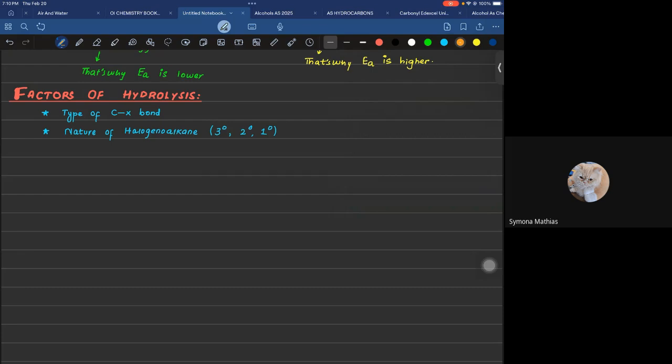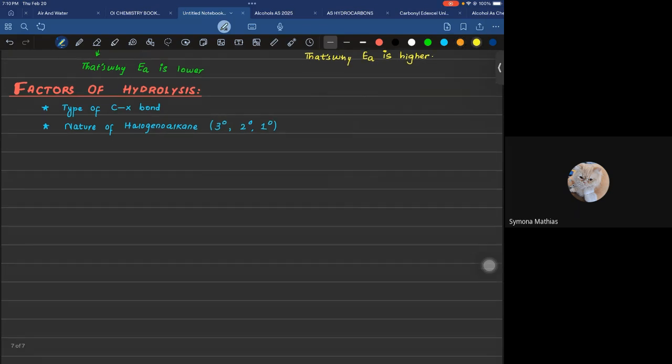Okay, so basically, the stronger the carbon and halogen bond, the lower the rate of hydrolysis.